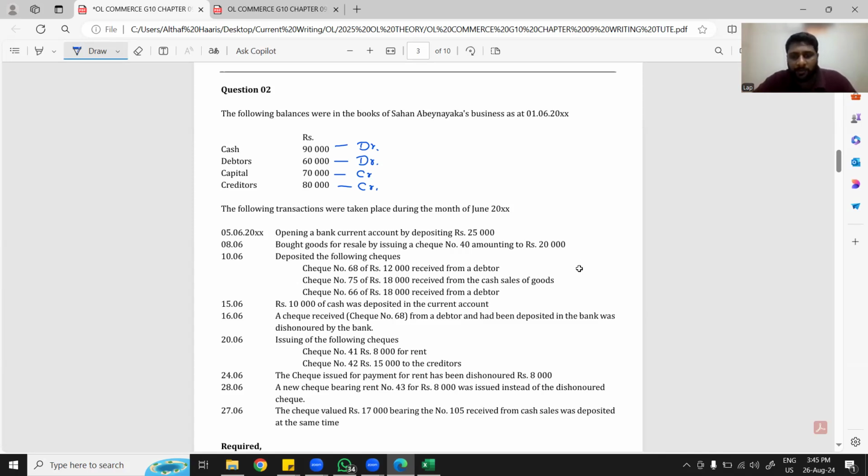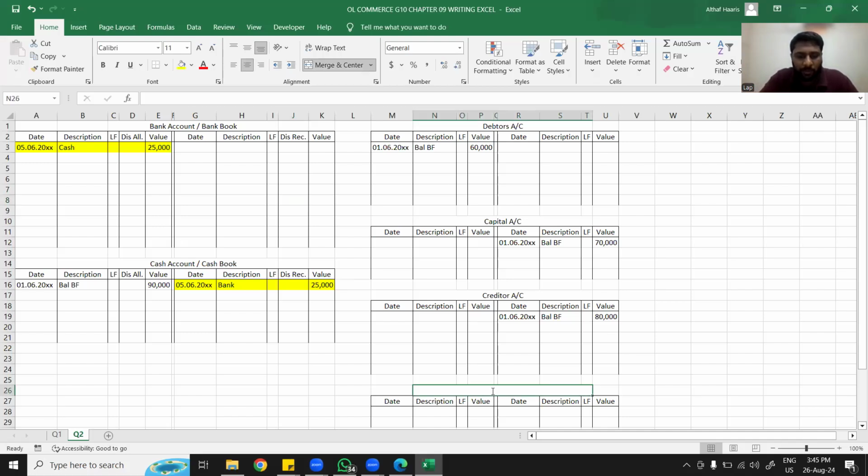So we'll open another account, the purchase account. 20,000 purchase account, debit 20,000. Date 8th June 20XX. Here you can write purchase, here you can write cash.